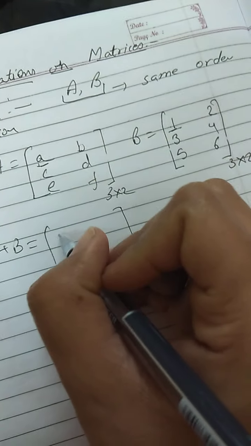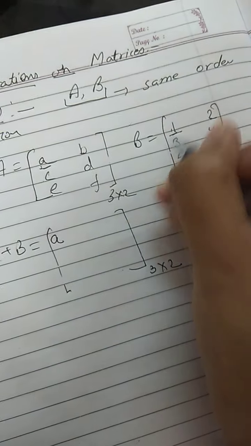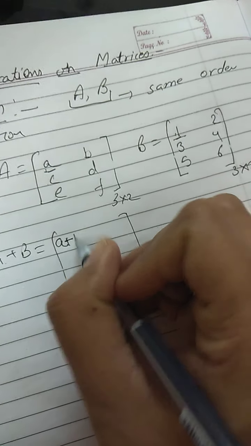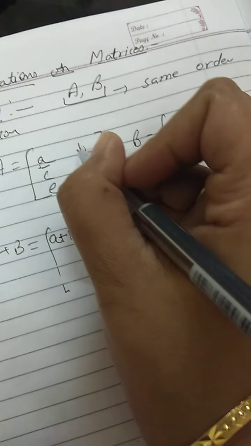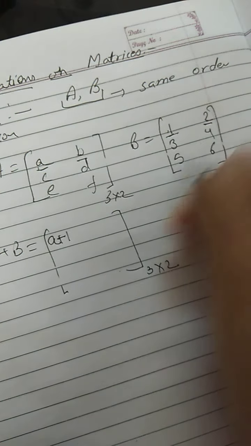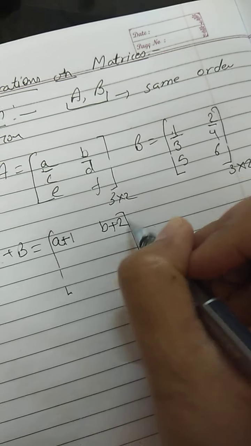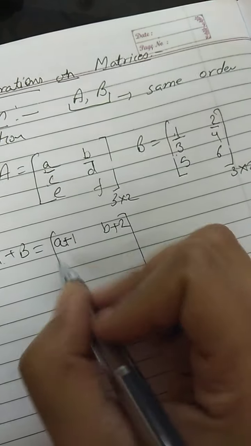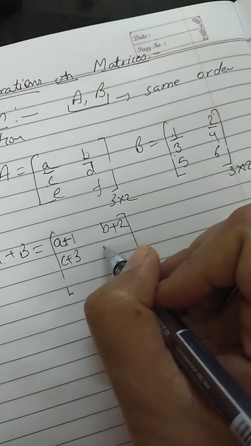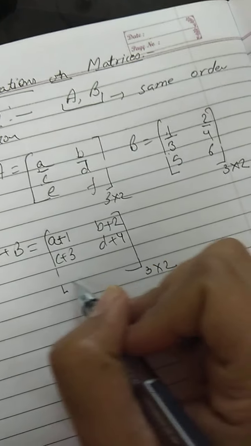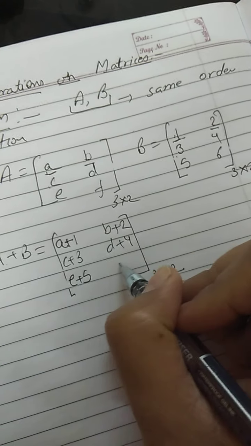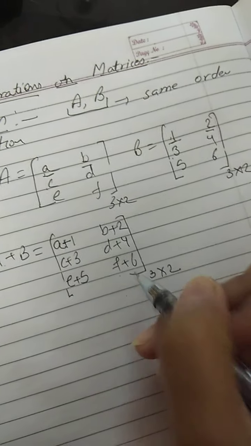The first element of the first matrix plus the first element of the second matrix will become a plus 1. Then b plus 2, then c plus 3, next d plus 4, then e plus 5, and the last element will become f plus 6.